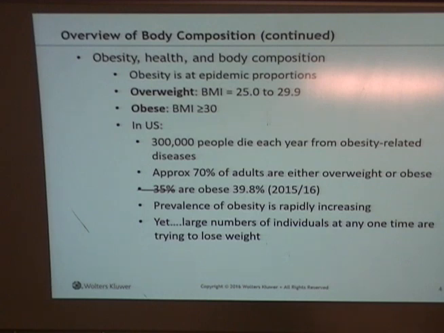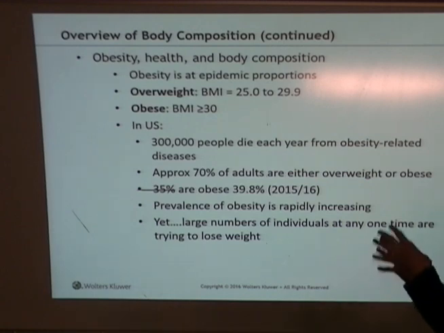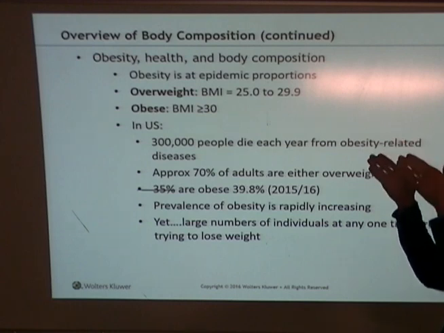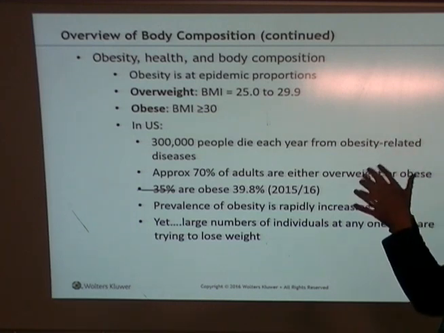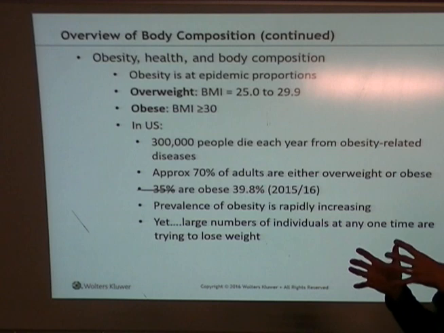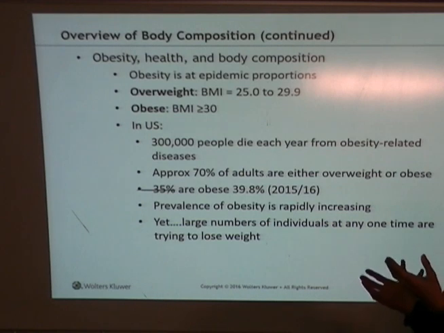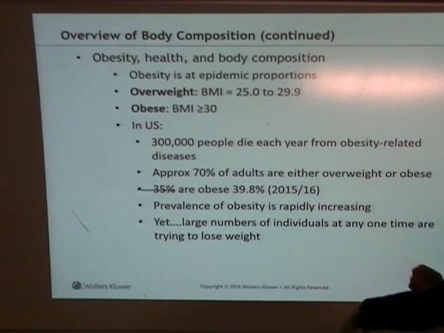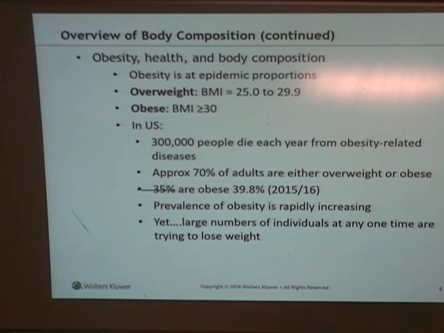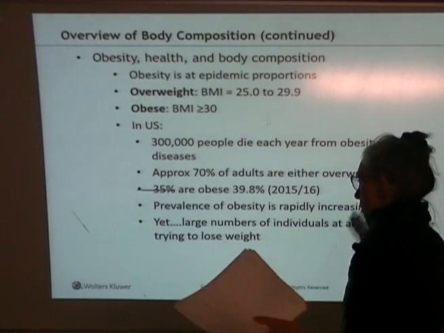So 30% are overweight. Now we've got a balance shift between those who are overweight and those who are obese. Of our overweight and obese category, more people are obese than overweight. That's a problem, right? And it's getting worse, not better. With everything we know, it's getting worse.